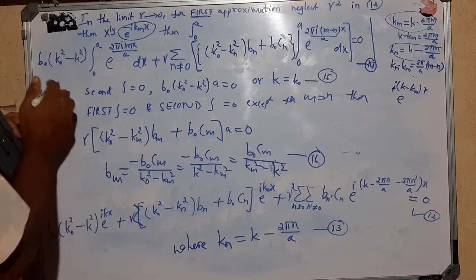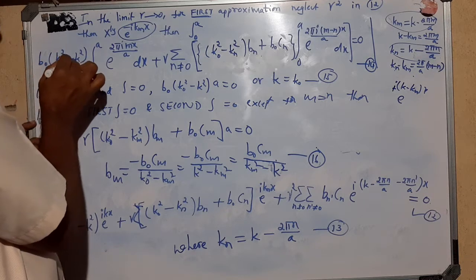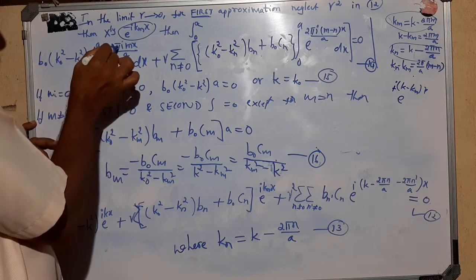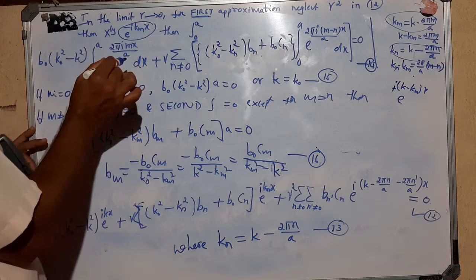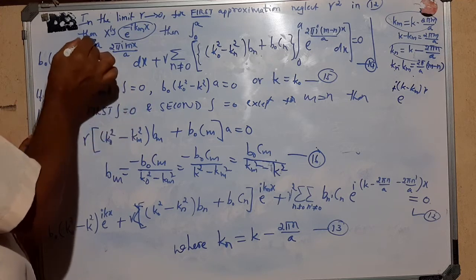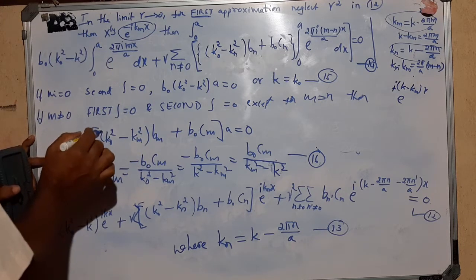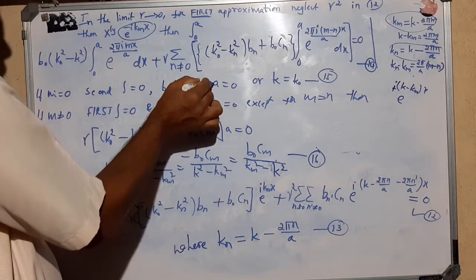When m is equal to 0, what happens here? First term, b naught into (k naught square minus k square), integration 0 to a, e to the power 0 is 1, 0 to a dx. Integration of dx is x, upper limit is a. That is what you are getting here, right? So that is b naught into (k naught square minus k square) into a.